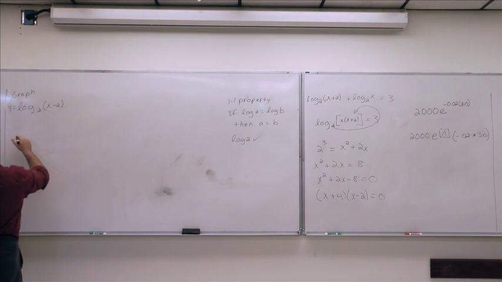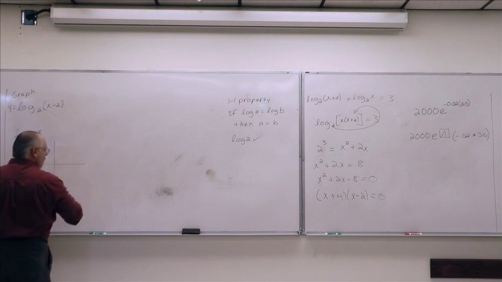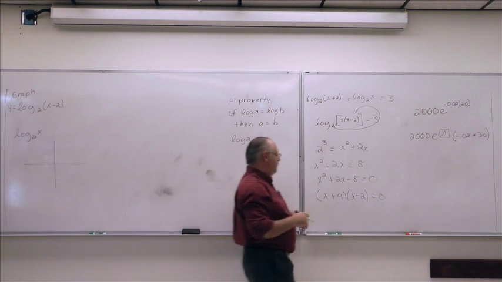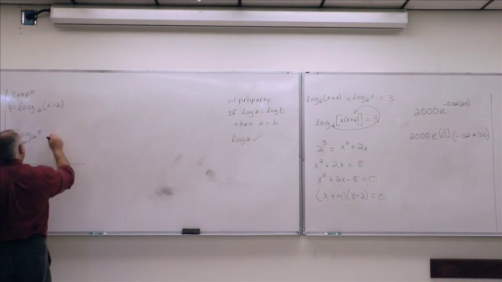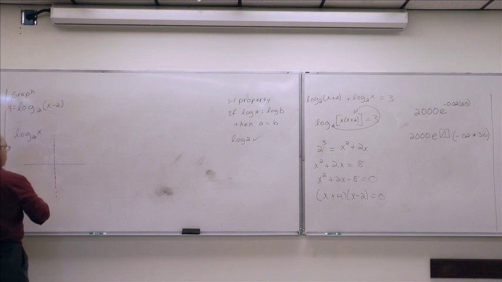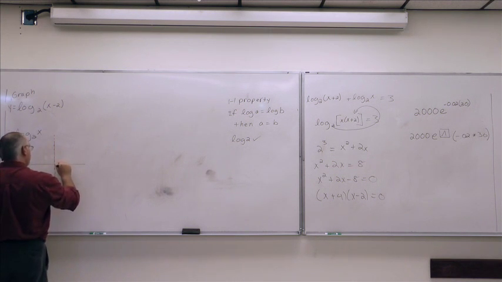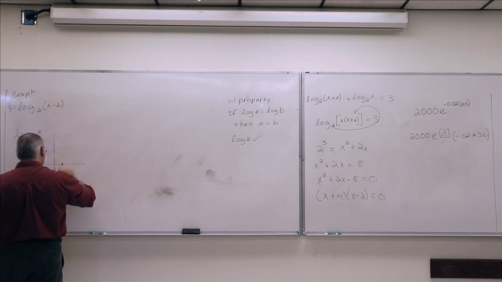So in this case, what does the log base 2 of x look like graphically? Well, you should know that this has a vertical asymptote at x equals 0, an x-intercept at 1, and then basically looks like this.